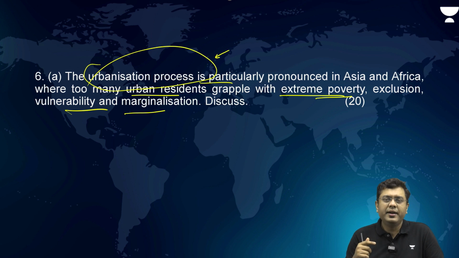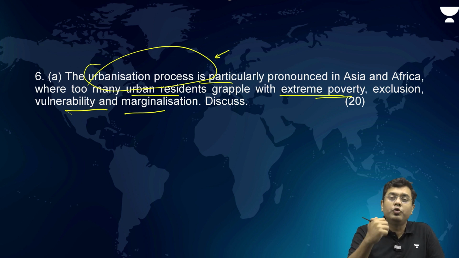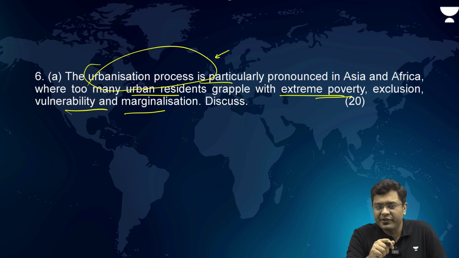Due to that, individuals are unable to avail proper healthcare facilities, and unable to send their kids for proper education. So there are various associated problems linked with that. That is a major issue.